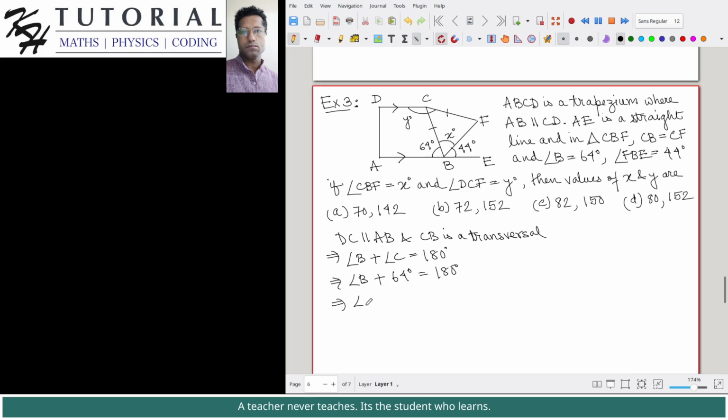So from here we can get angle C is equal to 180 degrees minus 64 degrees, which is equal to 116 degrees. Oh, sorry, I first wrote it the wrong way around. Angle B is 64 degrees, and angle C is 180 degrees minus 64 degrees, which is equal to 116 degrees.